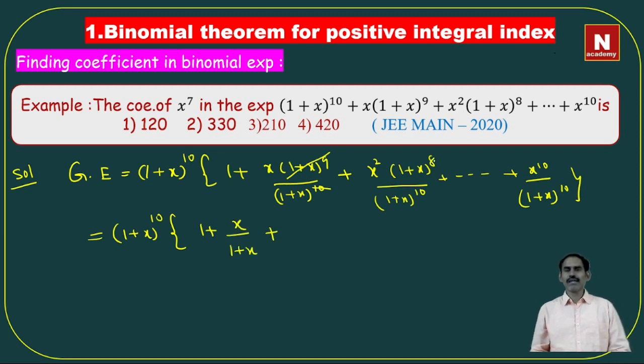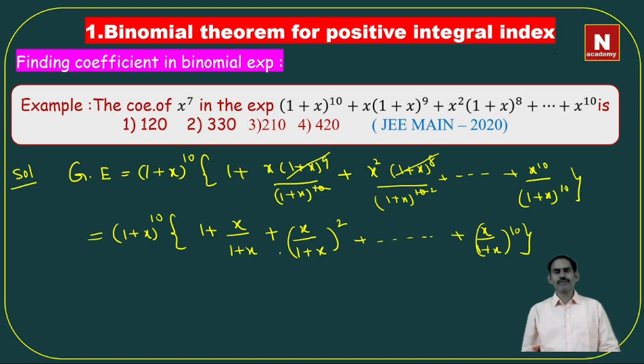In the next term (1 plus x) whole power 8 cancels, leaving x by (1 plus x) whole square, and so on up to the last term x by (1 plus x) whole power 10.